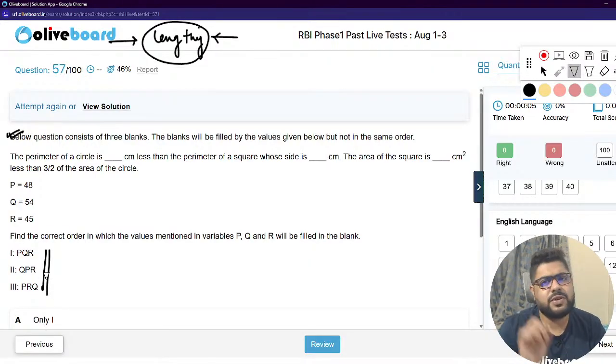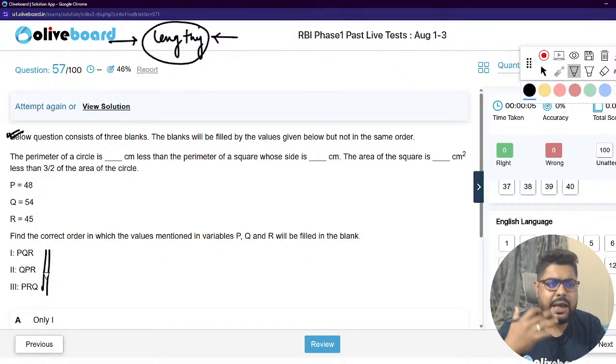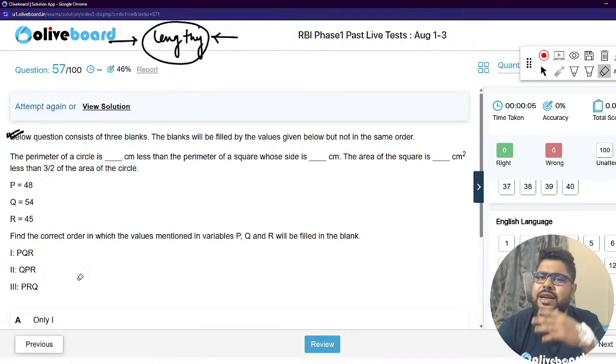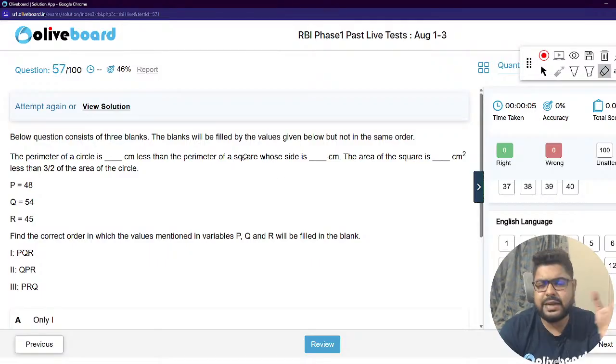Yes, you can think a little bit, which I'll explain, how to think and what not. You have to be very instinctive. But there are not many things you can do. You cannot just put X, Y, Z and calculate. Nahi kar sakte, sir. Not much you can do here.